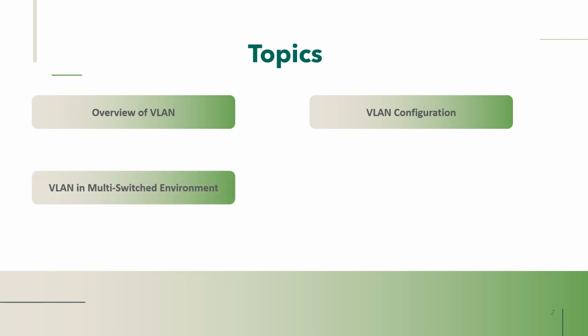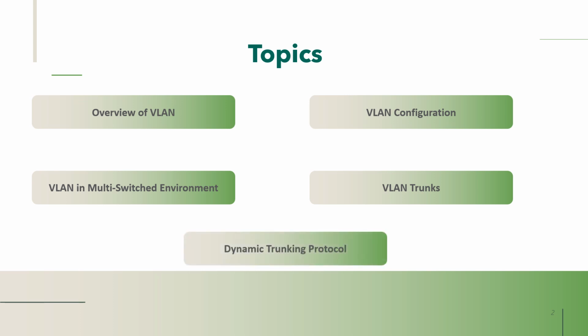We even will explain how a switch forwards frames based on the VLAN configuration in a multi-switch environment. Then we will configure a trunk port on a LAN switch. And last but not least, we will configure Dynamic Trunking Protocol. So we will discuss in the first part the overview of VLAN and the VLAN in multi-switch environment. So let's continue with the first topic.